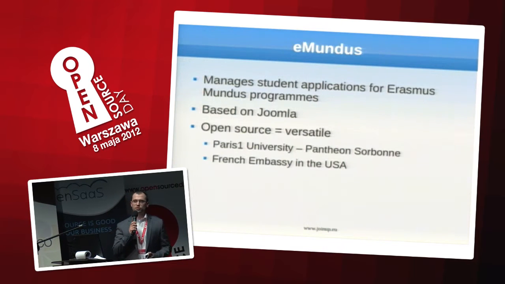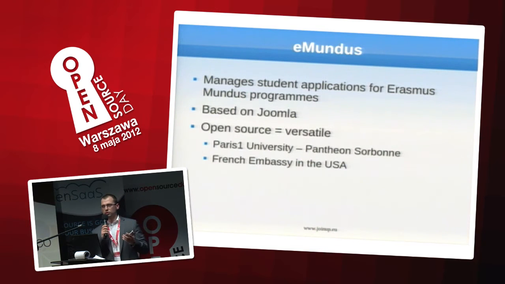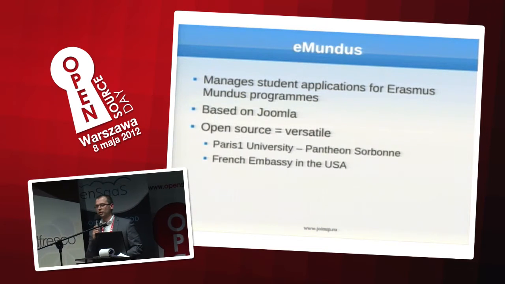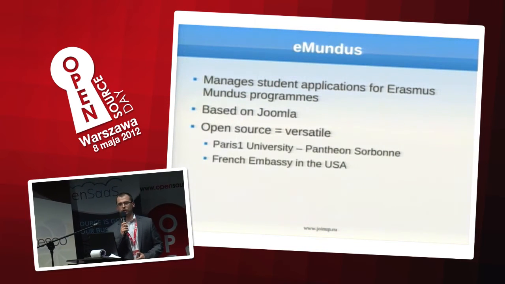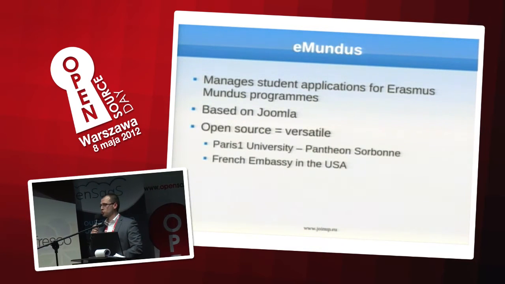Originally, it was developed to facilitate students to apply online for the Erasmus Mundus programs. Students can create their online profile, they can submit their application, and if there is something wrong, the coordinators of the program can contact the students or a particular student asking for additional information to the application.